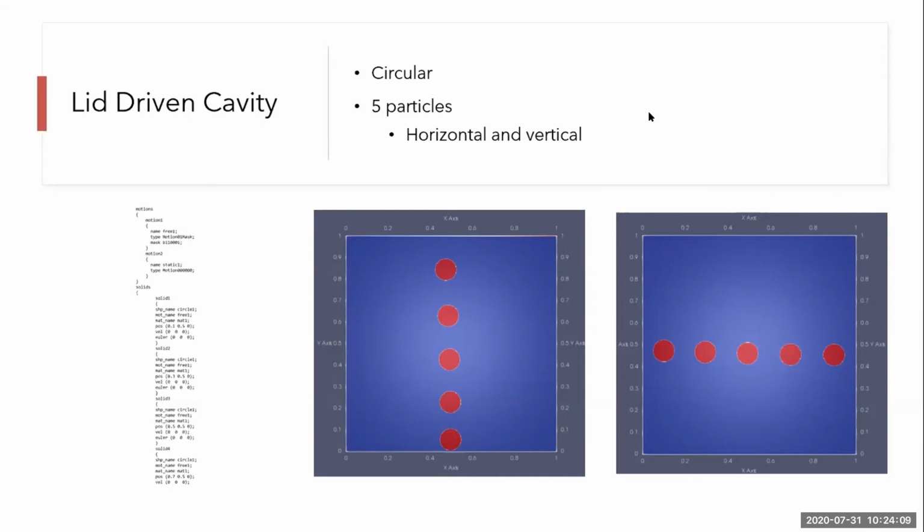In my case, all my simulation particles were free to move on the x-axis and the y-axis, and also they were free to rotate. Let me correct that: they were free to rotate on the z-axis.